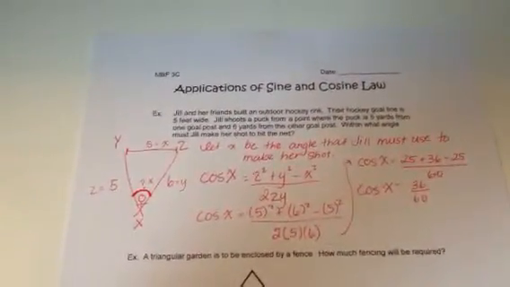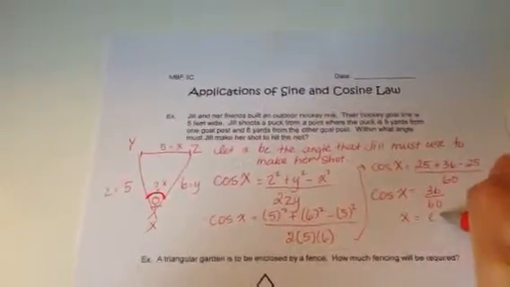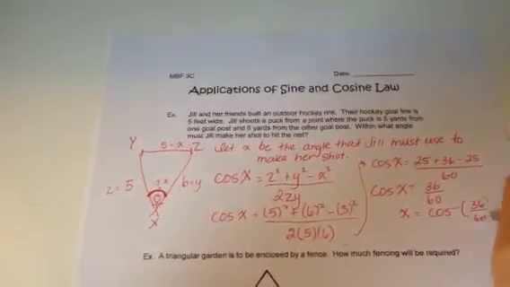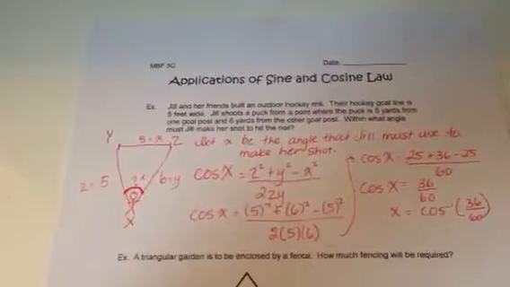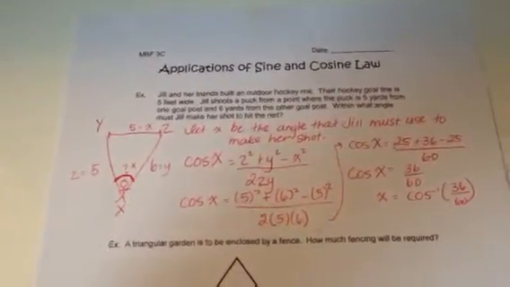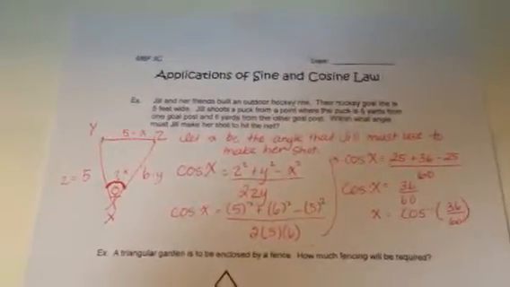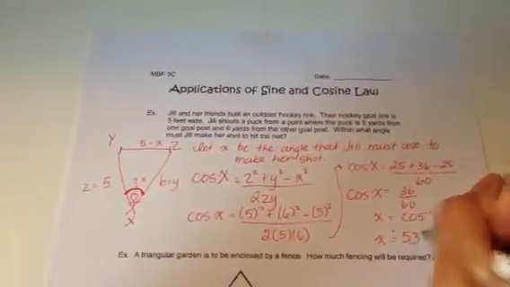Remember that when we're looking for an angle, we have to do the inverse function. So cos inverse of 36 over 60. Let's plug it into our calculator. Second function, 36 divided by 60 gives us about 53.1, so approximately 53 degrees.